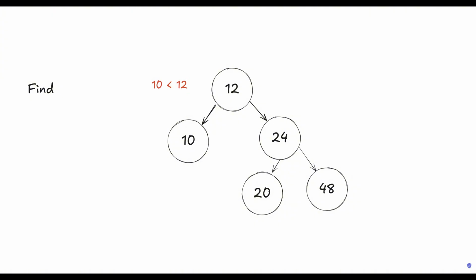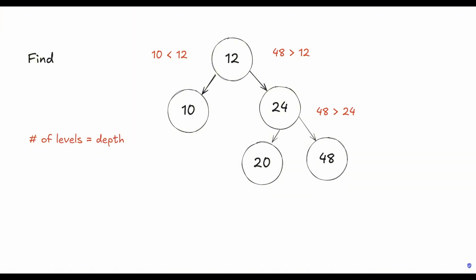If we choose another example, like 48, 48 is bigger than 12, so it's on the right side. 48 is still bigger than 24, so it's on the right side again. So we find 48. From these two examples, we can tell that to find an element, it usually takes a number of steps equal to the number of levels, in other words, its depth.